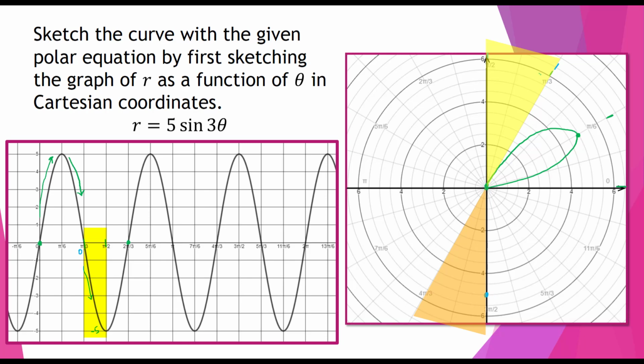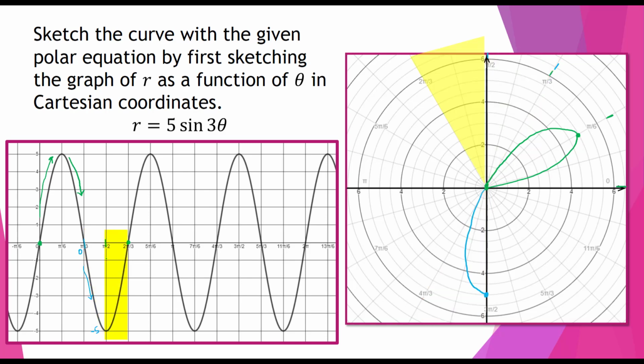So although our angle is rotating from pi over 3 to pi over 2, we can think about rotating from 4 pi over 3 to 3 pi over 2, since we're going backwards along that line.